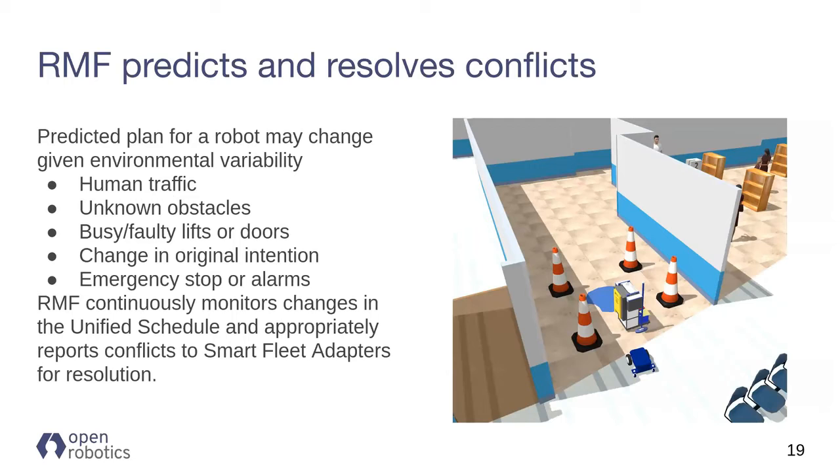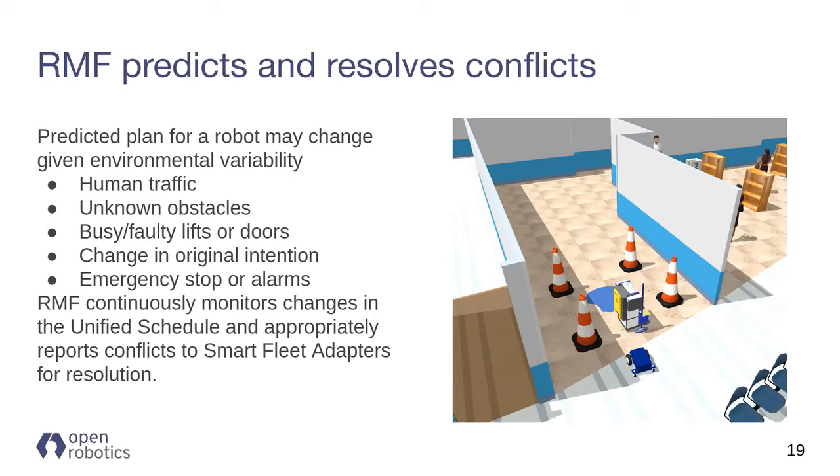All right. As I said, RMF predicts and resolves conflicts. The predicted plan from a robot might change because most human environments are variable and dynamic. There's human traffic, there are unknown obstacles, there are lifts that might be open, closed, busy, not busy.